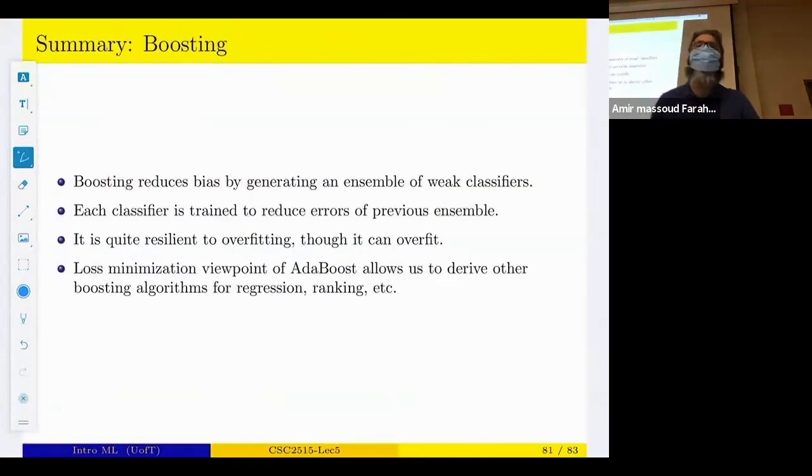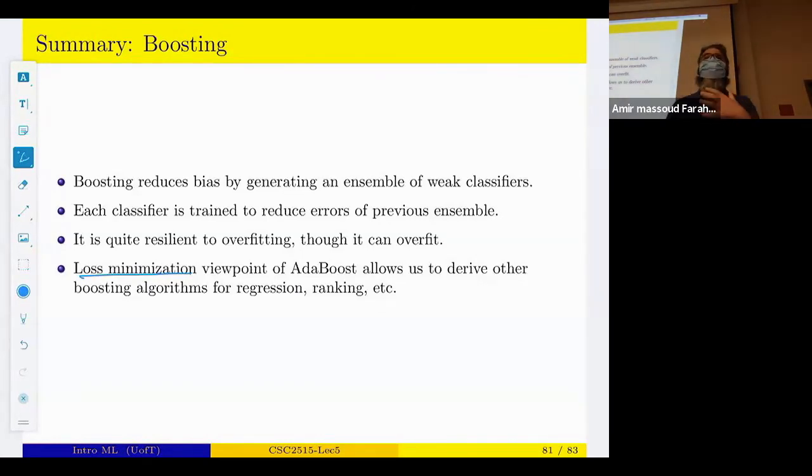Okay, so just to summarize boosting. Boosting reduces bias by generating an ensemble of big classifiers. Each classifier is trained to reduce the error of the previous ensemble. In practice, it can theoretically overfit, and it has been observed that it overfits, but it is relatively resilient to overfitting. And then what we did was go through this loss minimization viewpoint of AdaBoost.